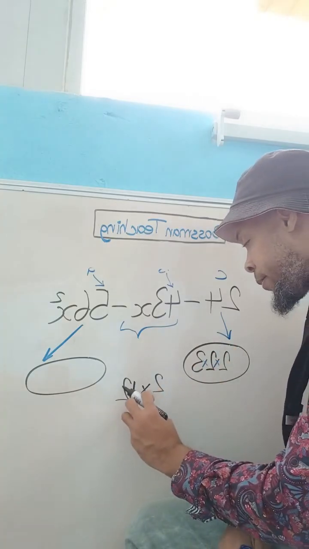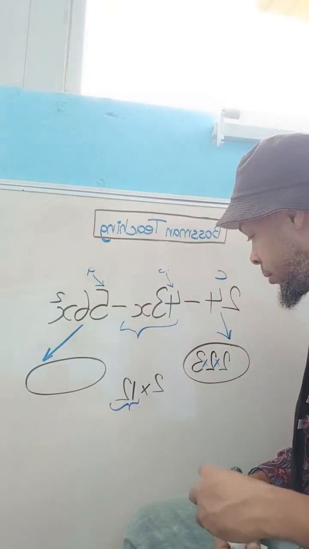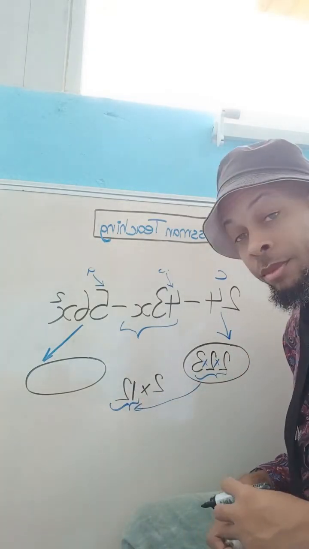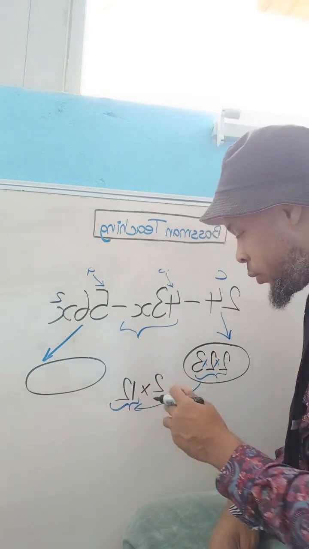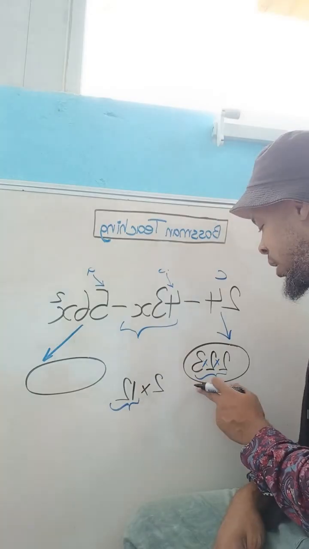So 2 times 2 times 3 gives us the 12, right? Just so we have reference, the 2, 2, 3 is the 12.